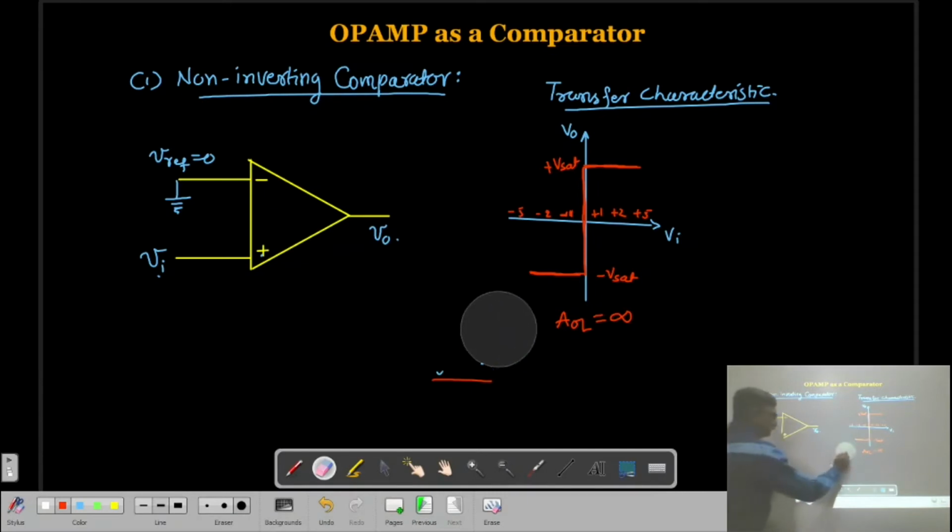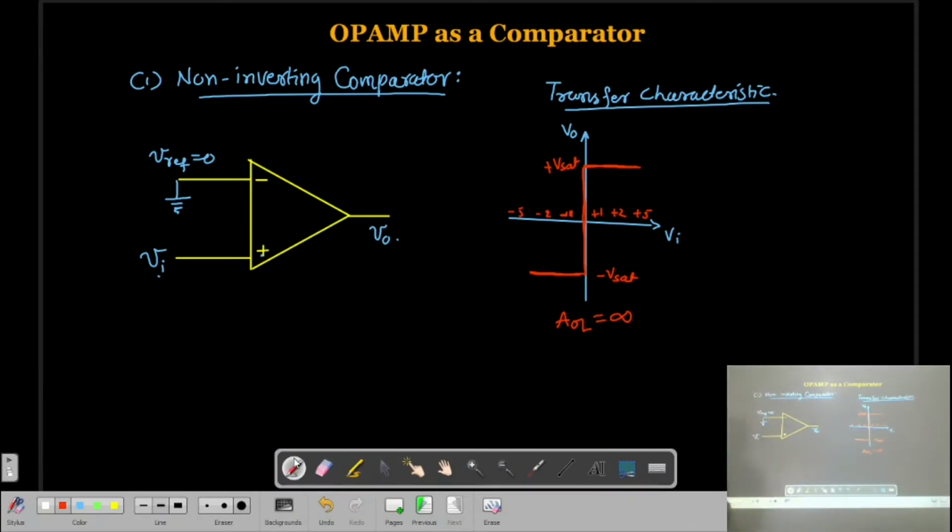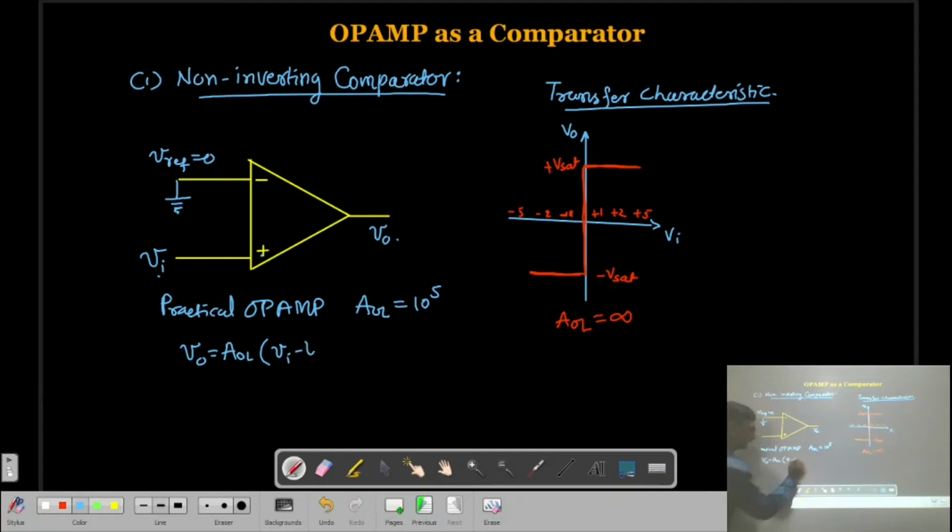And in a practical op-amp, the open loop gain, we consider it is, let us say, 10 raised to 5. Correct? And here if I calculate, let us say the output voltage is given as AOL into (VI minus V reference).